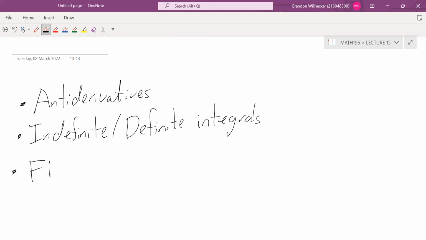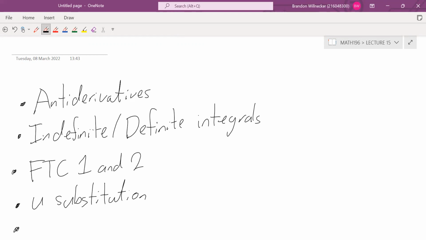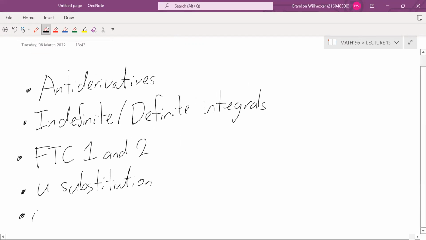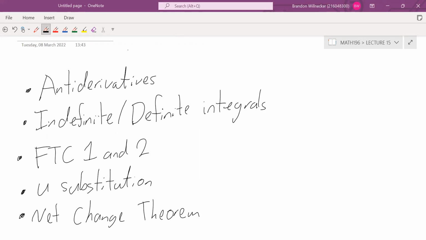Then for that, we need to know FTC 1 and 2, U substitution, and the last thing is the net change theorem. So there will be a couple questions on each of these. Is there anything that you would like to go over again out of this list?